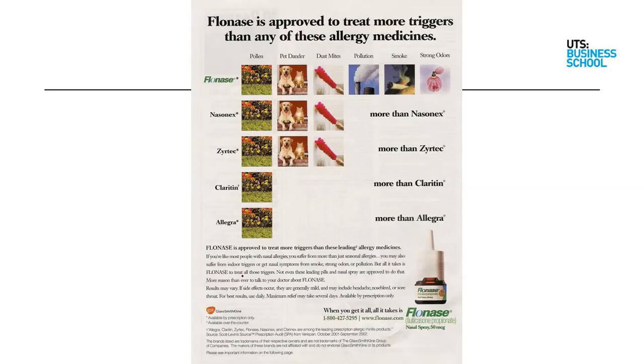So if you're a person who suffers from seasonal allergies, pet allergies, pollution, etc., then they've done a clear comparison of why you should opt for Flonase because it addresses so many more allergies compared to the other products.